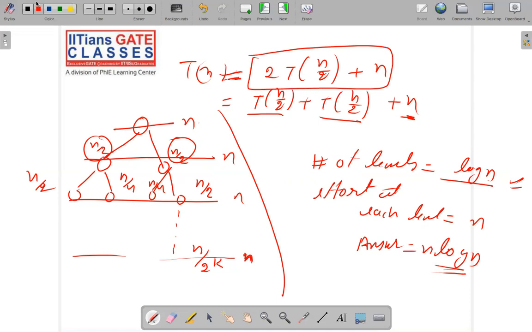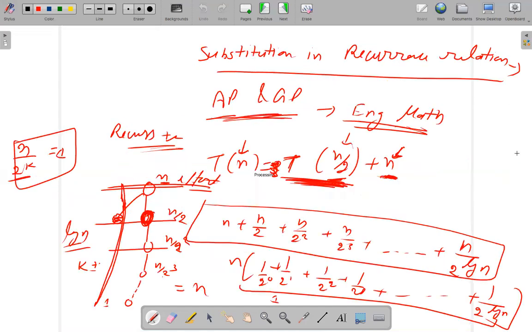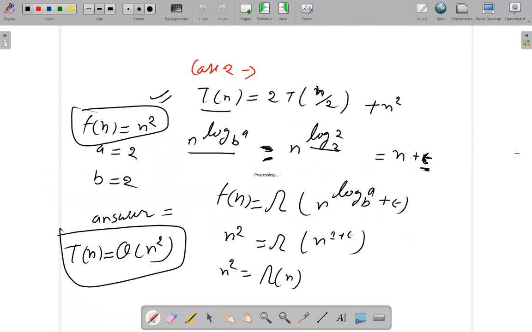Now let's do it using the master theorem. Here f(n) is n, and n to the power log b a is equal to n to the power log 2, which is n also. So this is the third case of the master theorem. Let's go back to the master theorem.